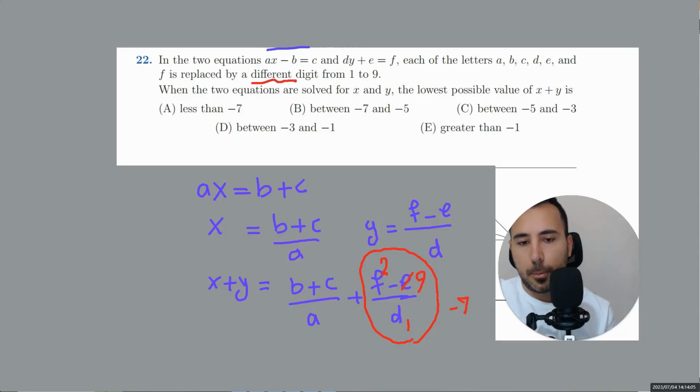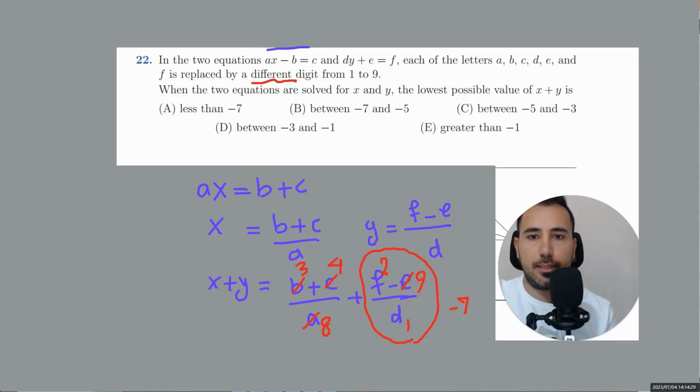So we want to minimize this one. To minimize this, I'm going to assign 8 to this, the second biggest number. And for this one, the smallest possible numbers that are left are 3 and 4.